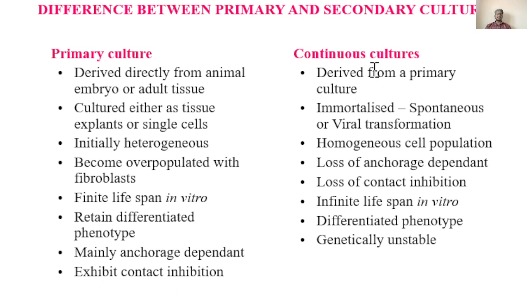Whereas continuous cells or secondary cells are derived from primary culture, or you can grow or produce them by spontaneous mutation or by viral transformation.